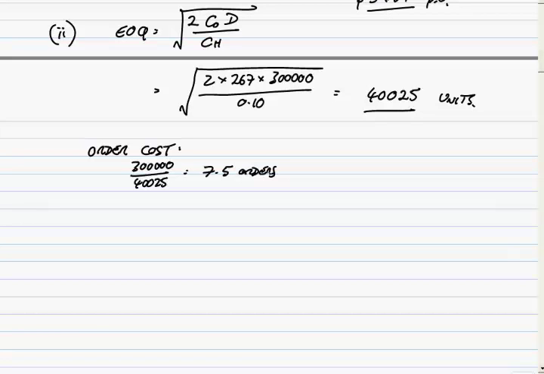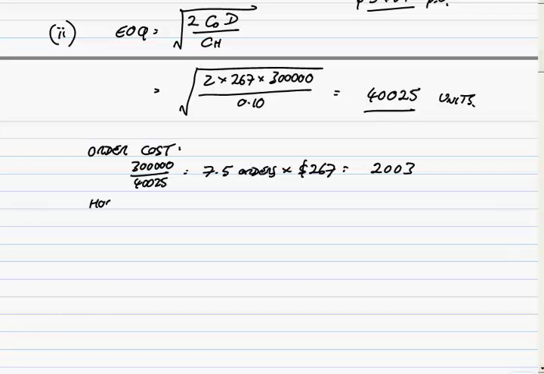Now I appreciate you can't place 7.5 orders a year. Some years will be 8, some years will be 7. But we think of this as long term, so on average it'll be that many orders. And so the total order cost, $2,003.